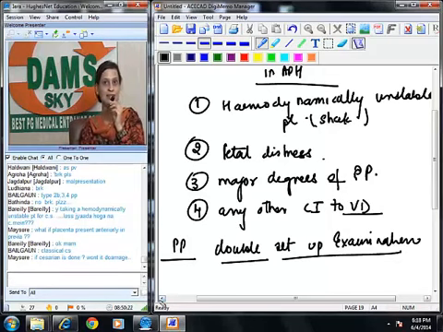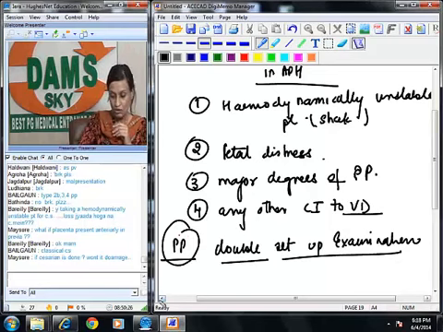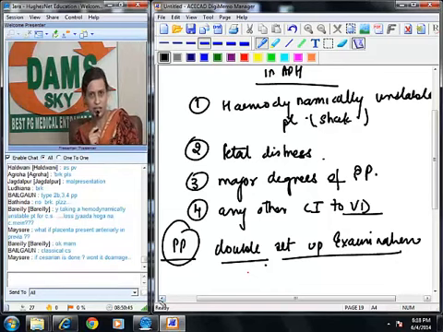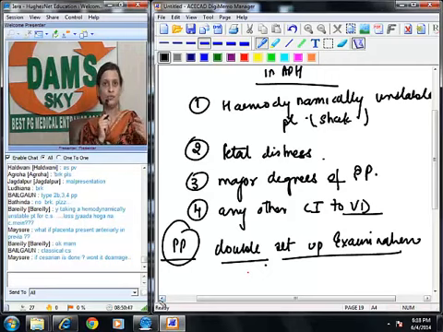So coming to a double setup examination in placenta previa. Now, what is this double setup examination? Sometimes what happens is that either the facility of ultrasound is not available, or the patient comes directly in labor with APH. Now we don't know whether she is a minor degree or major degree of placenta previa.